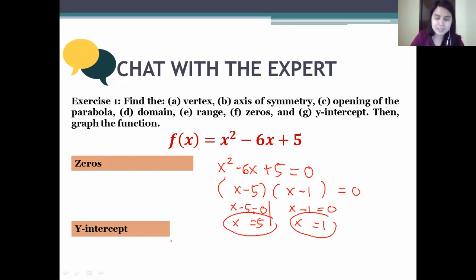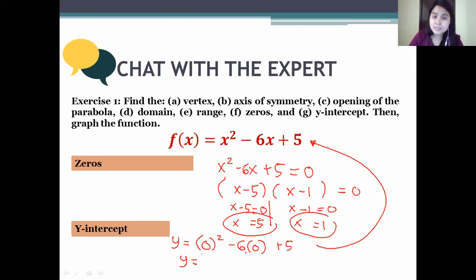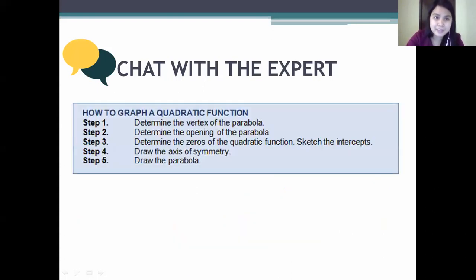Now the next one, how to solve for the y-intercept? You substitute 0 to all the x. Once you substitute, you'll realize the y-intercept is 5. Now, let's graph. How can we graph it?